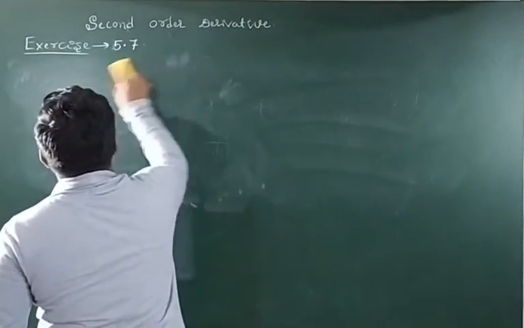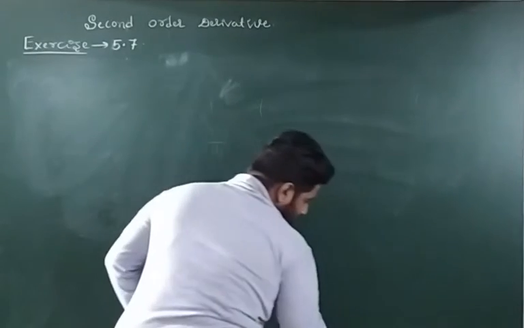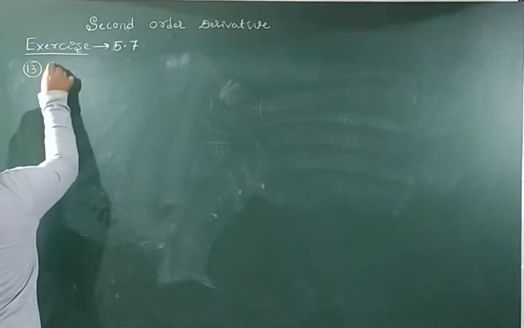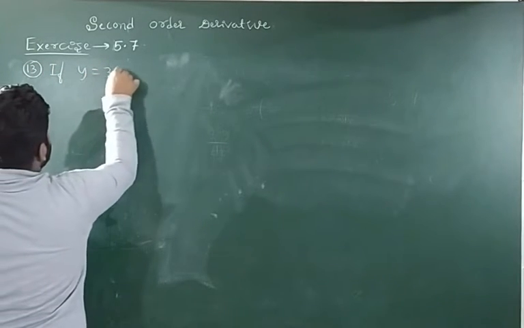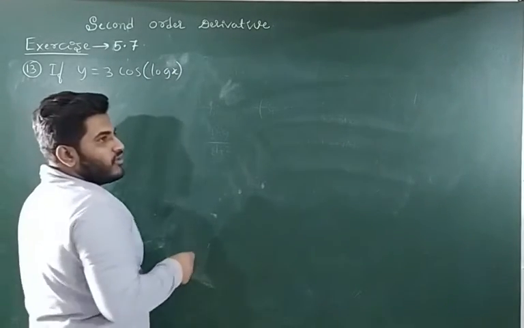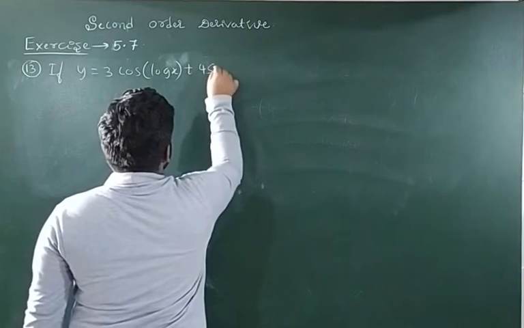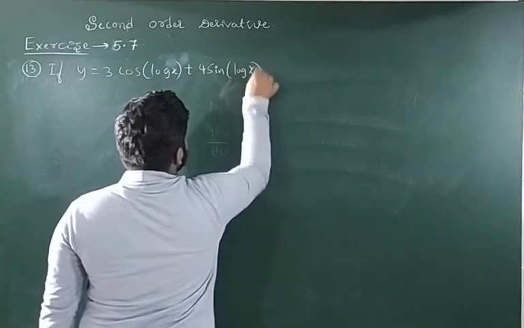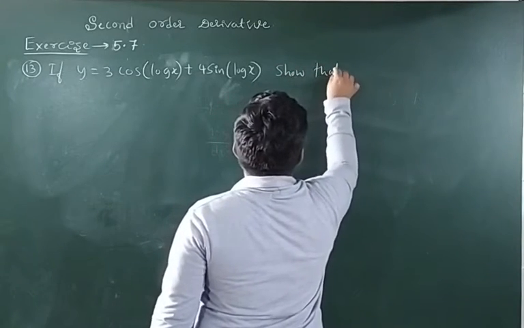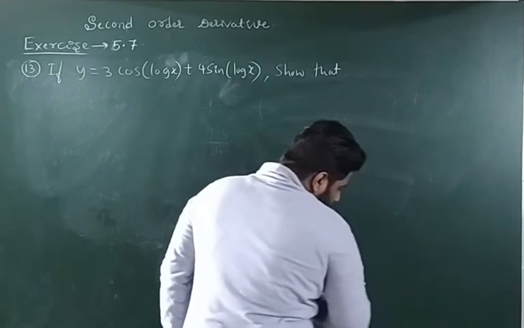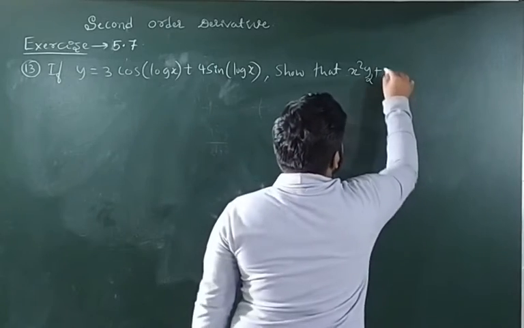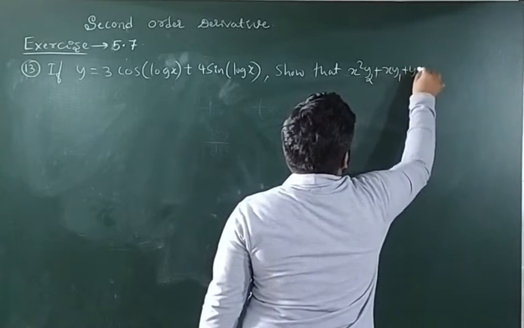Next question is question number 13 we are discussing now. If y is equal to 3 cos of log x plus 4 sin of log x, show that x square y2 plus x y1 plus y equal to 0.